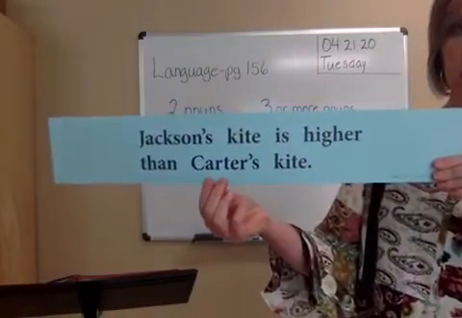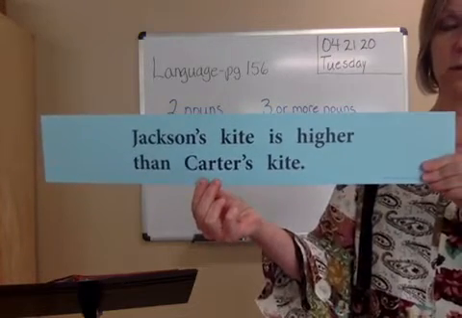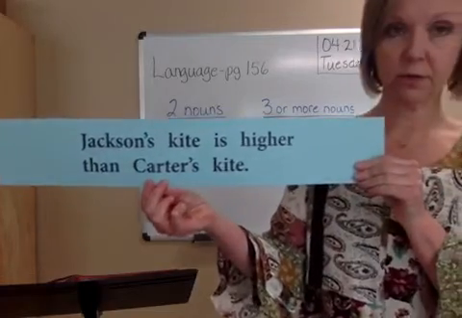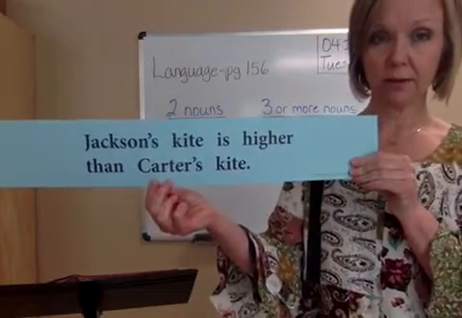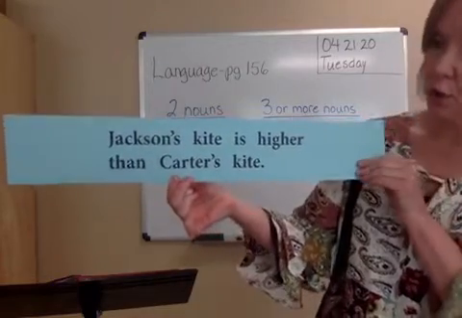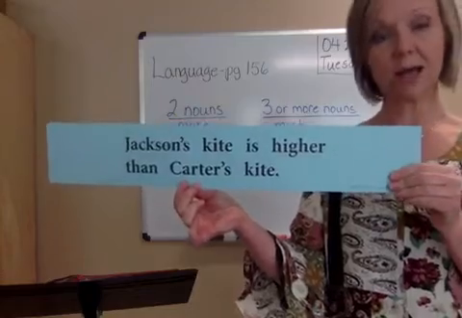Jackson's kite is higher than Carter's kite. Which word there would be the adjective describing the height of the kites? Higher. So whose kite is higher? Jackson's kite is higher.